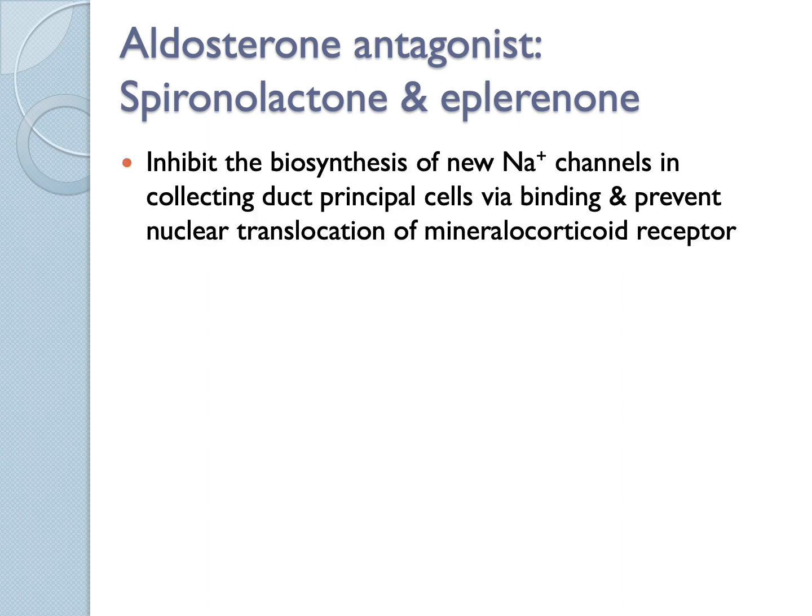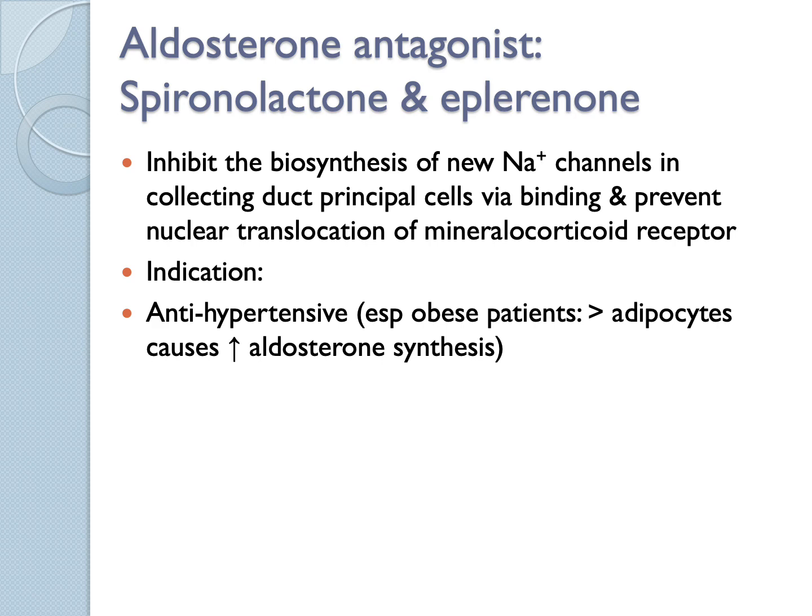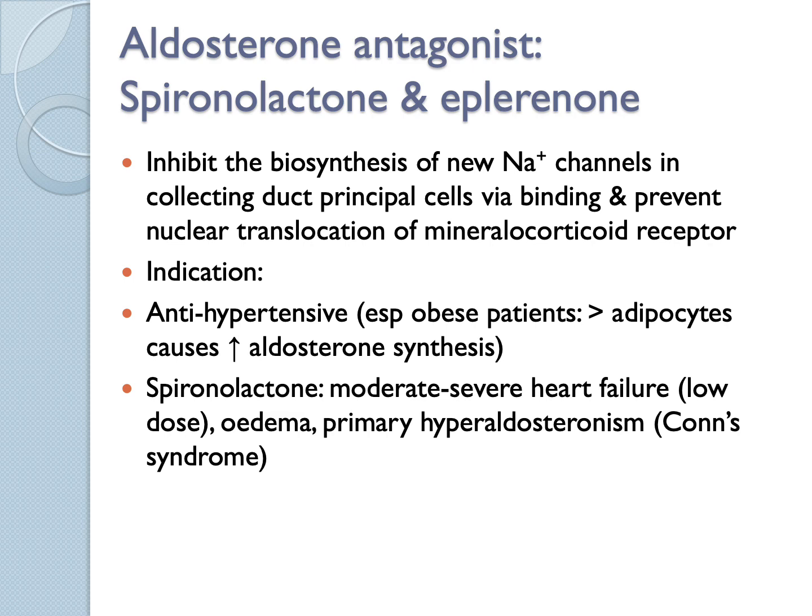We've got spironolactone and eplerenone, and you can see the details over here. For indication, you can use it for hypertension, especially in obese patients, because the more adipocytes, the more aldosterone synthesis they found, so it's more useful for this subgroup of patients.